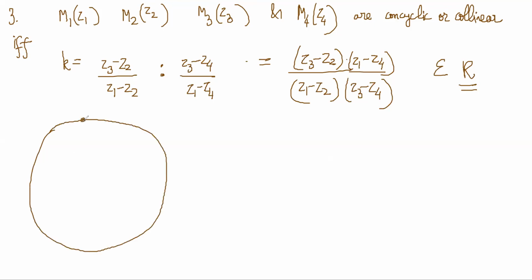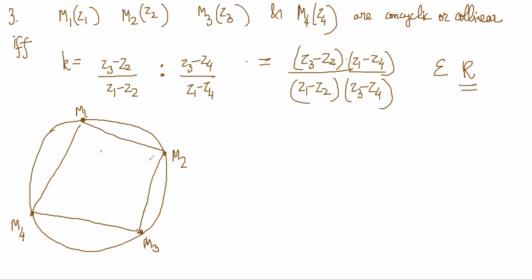Concyclic if M1, M2, M3 and M4, right? They will be concyclic when this angle plus this angle is equal to 180, no? Correct? M1, M4, M3 and M1, M2, M3, this angle should add up to 180.